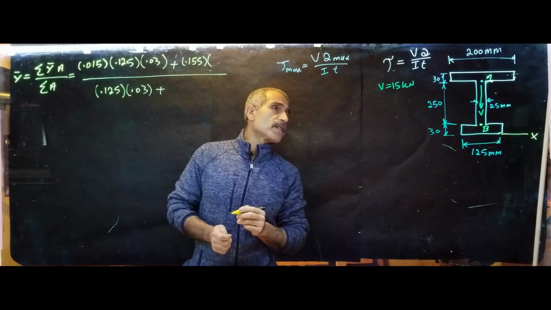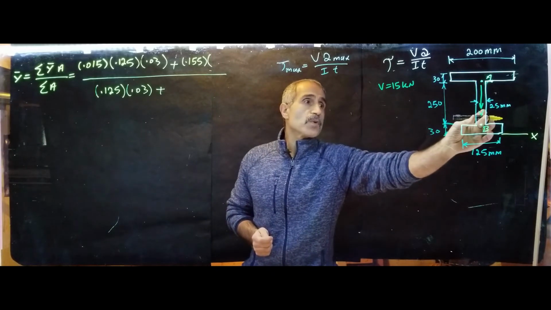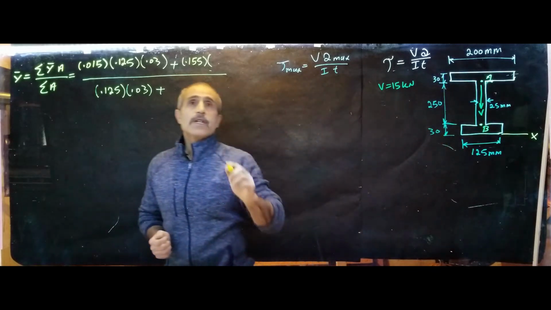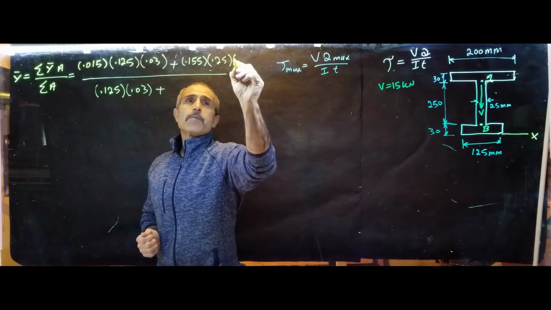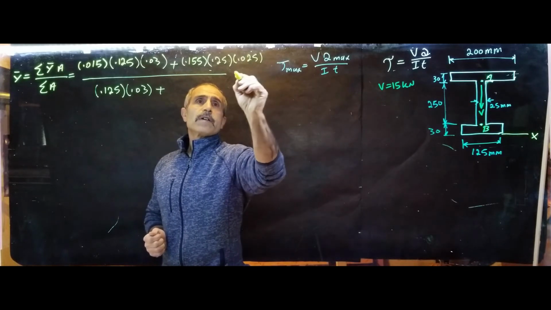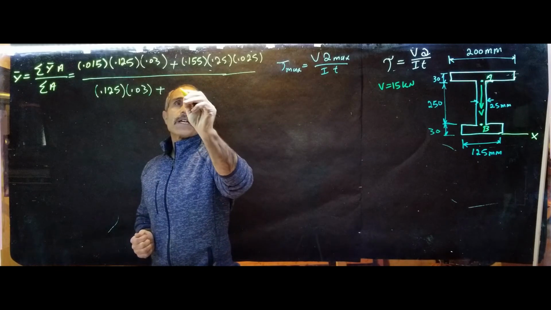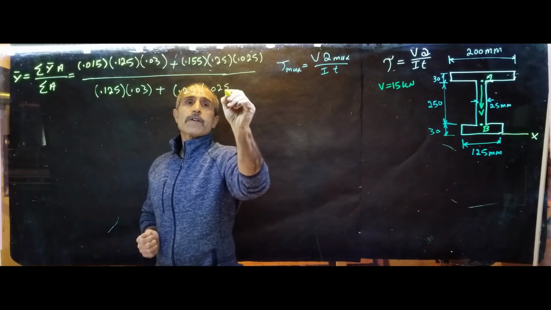The area is 250 by 25. Be careful, this is 25, that's a 30. So 0.25 times 0.025. The area will again be 0.25 times 0.025.